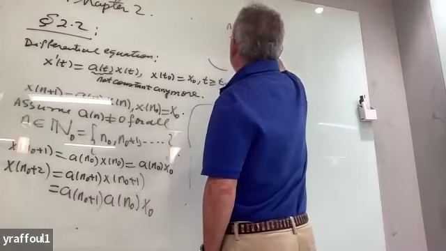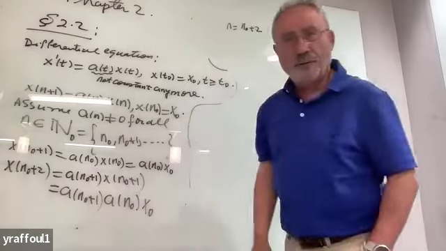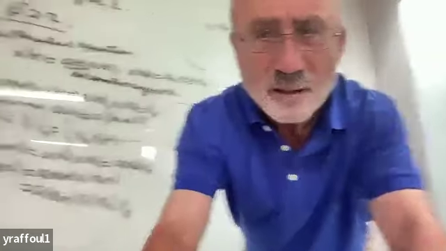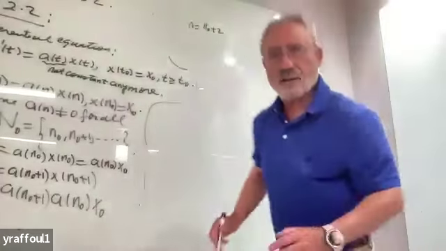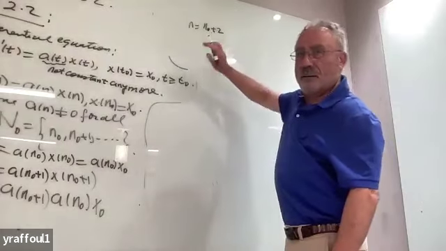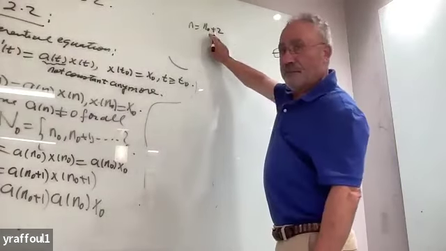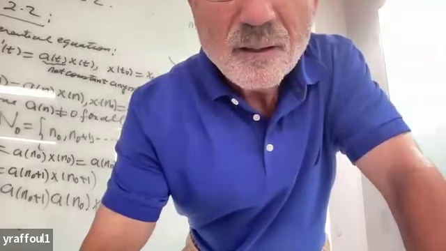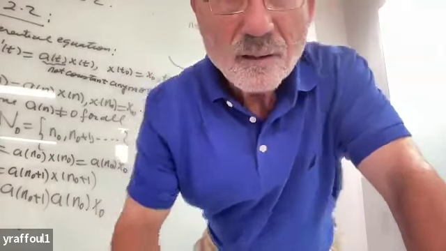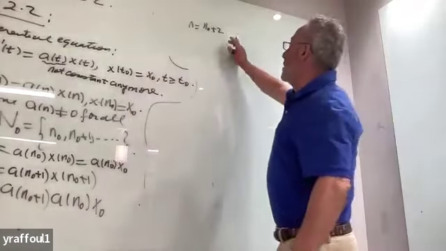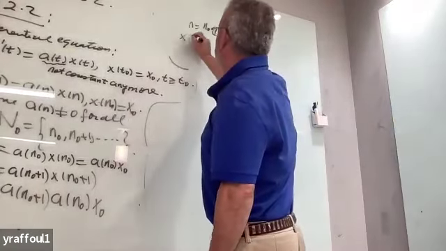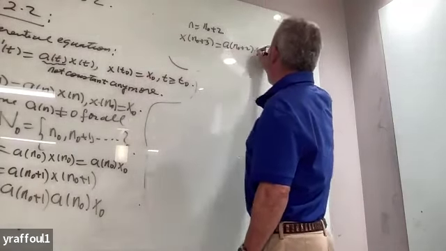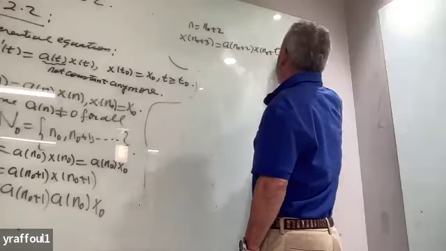For n equal n0 plus 2, can you see that? I cannot see it on the screen. My screen is blocked with something. Okay. So for n equal n0 plus 2, x(n0+3) equals a_{n0+2} x_{n0+2}.